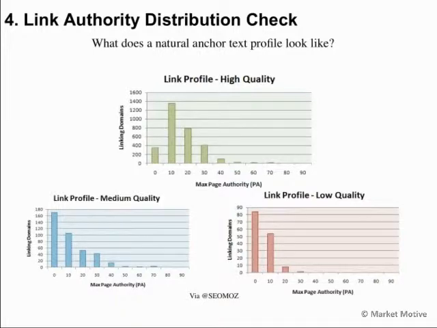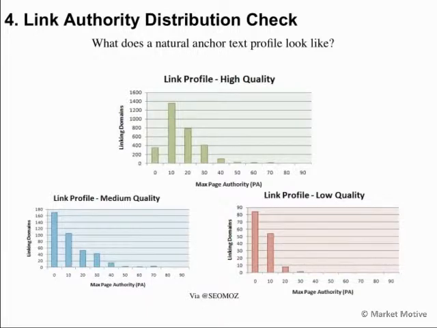A natural link profile looks a little something like this. You're going to have a high amount of linking domains for low profile, and it's going to get smaller, and you're going to have a few high profile links from big sites if you've done something great. Now, if you're trying to manipulate, you probably don't have a lot of low profile links, or you don't have the proper curve. It's like The Price is Right.